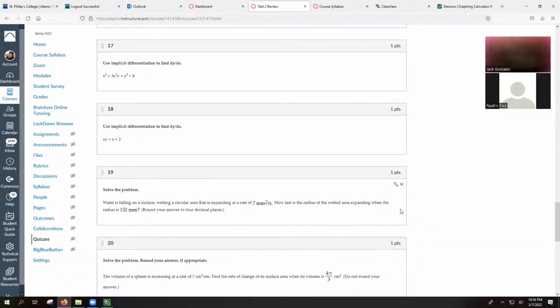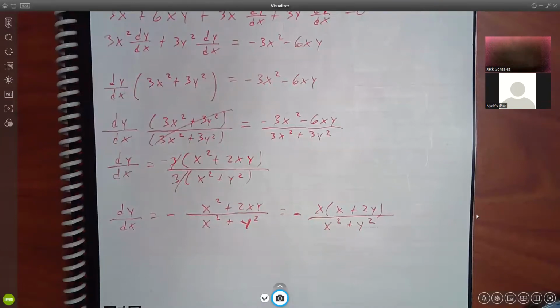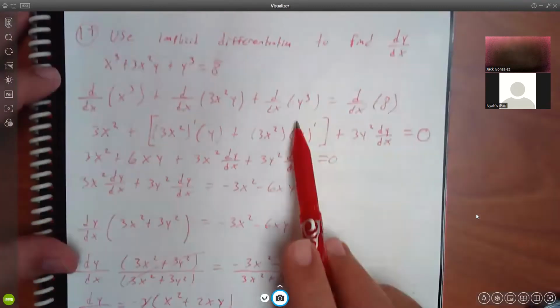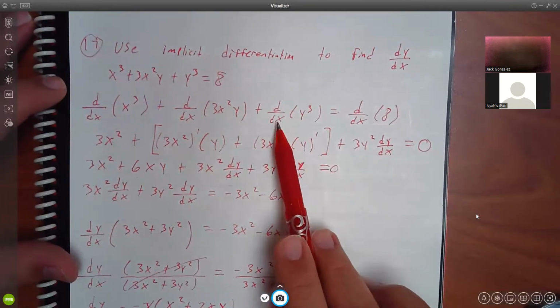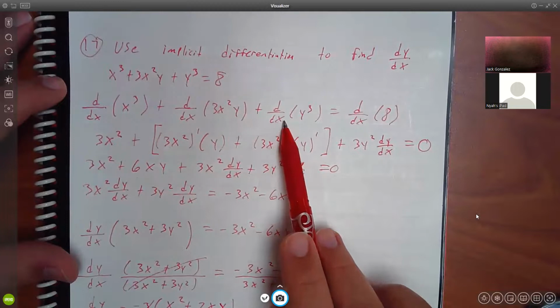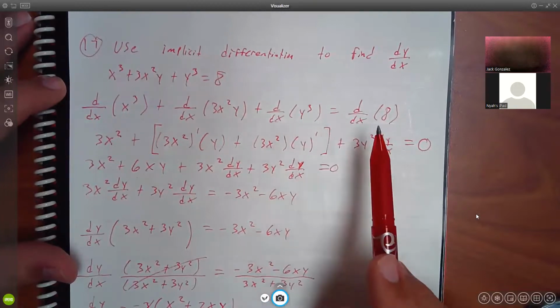Any question on this problem? Okay, so how did you decide which gets the dy dx? dy dx shows up whenever you're taking a derivative with respect to x of something that isn't an x. So see how on this one, d/dx of y cubed, it doesn't have an x, so it becomes the dy dx. You do the normal rule.